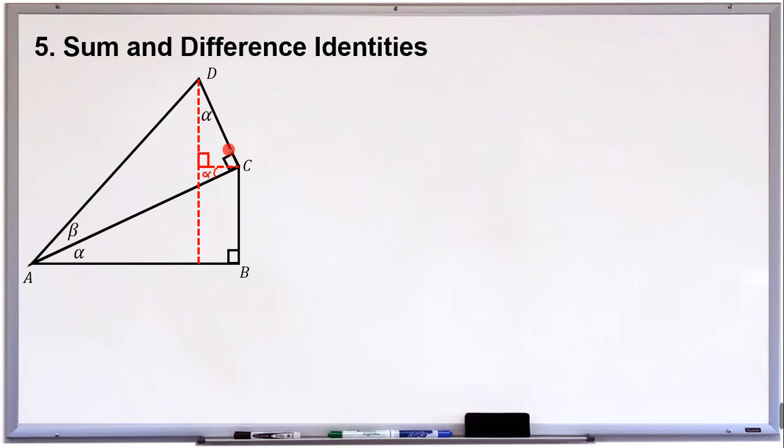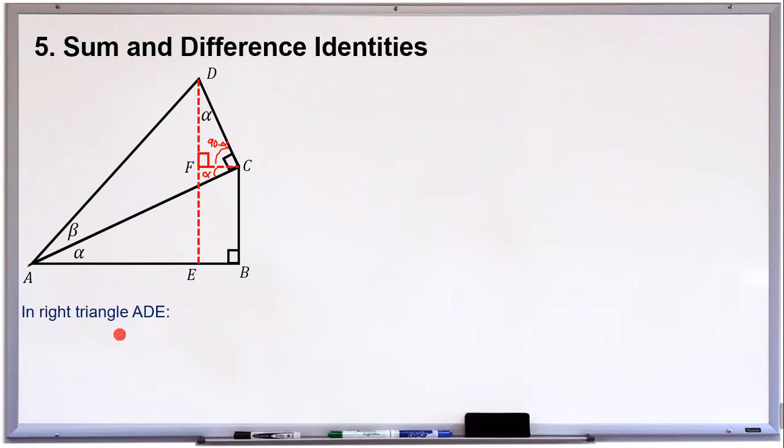And since this is 90 degrees, this one right here is 90 minus alpha. So this interior angle right here is indeed equal to alpha. Now we're going to label some additional parts. We have here the F and E.